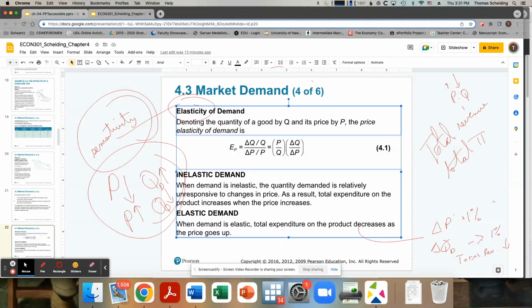For inelastic demand, this is a situation where you can pass on the higher prices. The classic one would still be things like prescription drugs, where you have a monopoly, and the disease you're trying to cure is bad enough that people want to cure it.